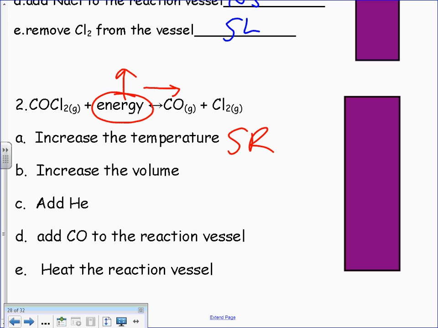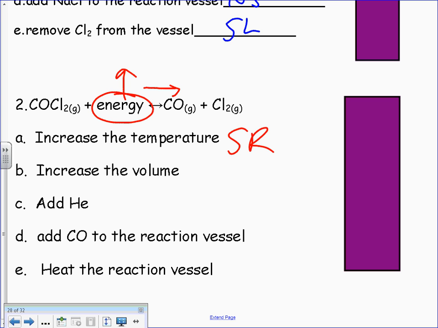Negative 27 kilocalories, endothermic or exothermic? So negative means exiting, so exothermic, right? So then if you see a negative, you realize it's exothermic. Are you going to write the energy on the reactant side or the product side? Product side. And that's how you can figure it out from a delta H.